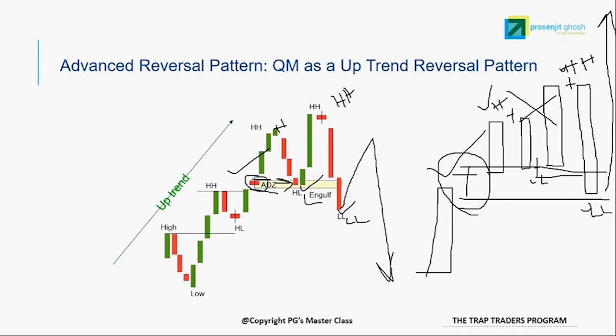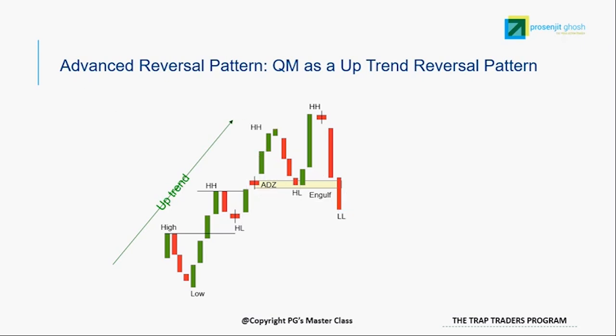Now, where to take this short trade? In a QM, we will mark the high. You will see there will be a base candle at the high. You will draw a rectangle on that base candle and extend it to the right of the screen.